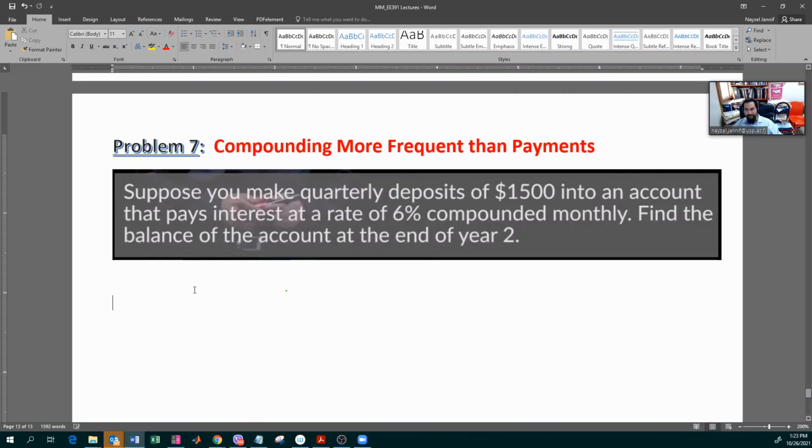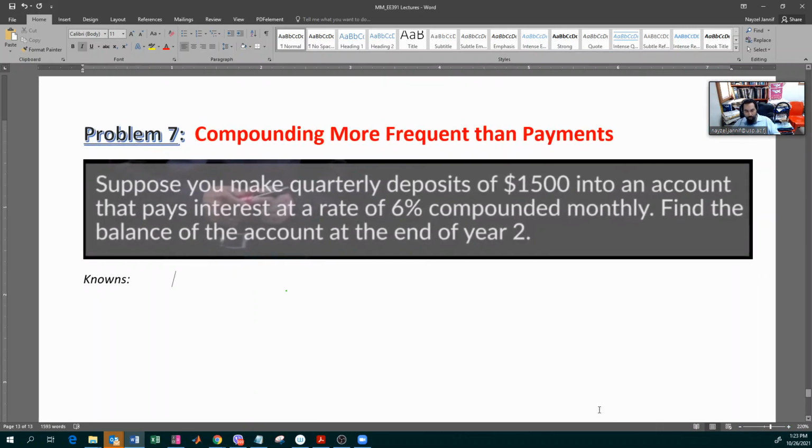Let's list down our knowns. Our annuity is equal to $1,500 quarterly. Next, what else do we know?